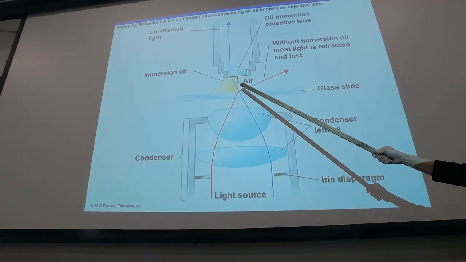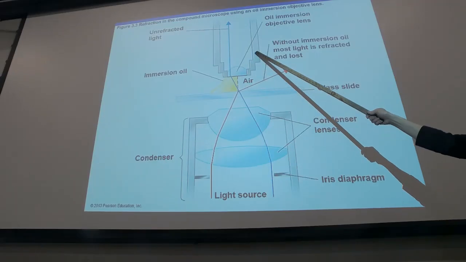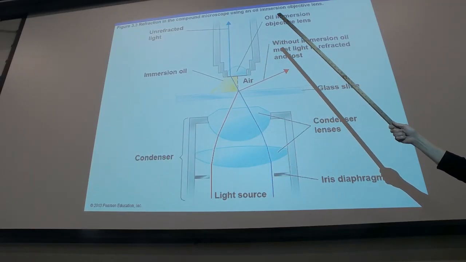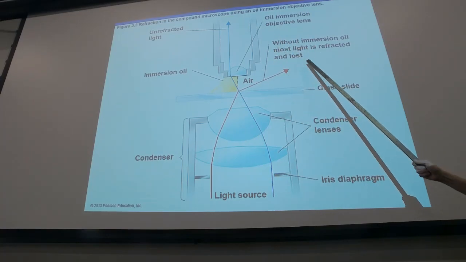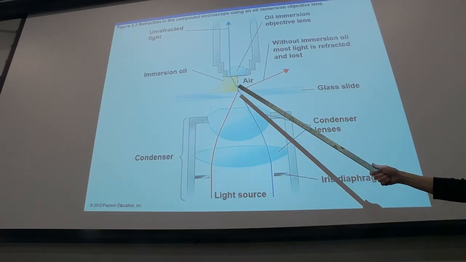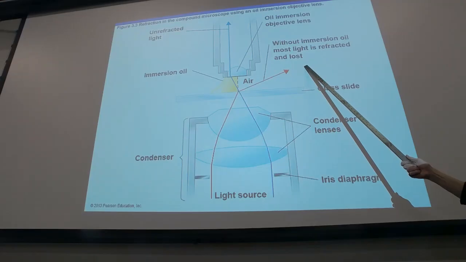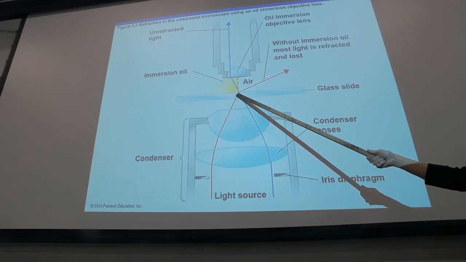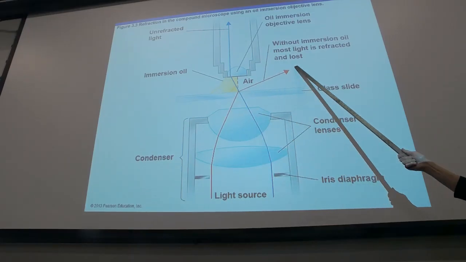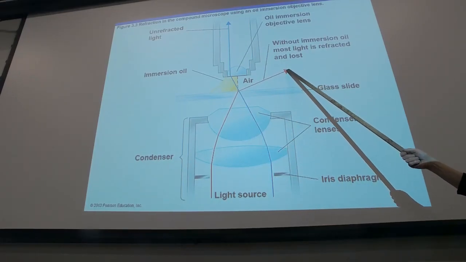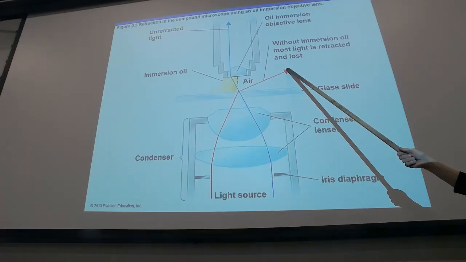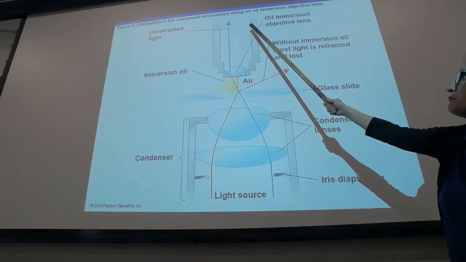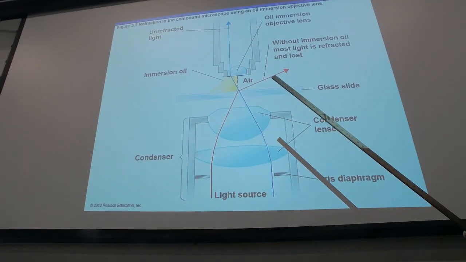And then, if you have an objective lens that is, of course, immersion oil, and you didn't add the immersion oil, these rays of light will be lost. As these rays of light hit this glass slide, they will be bent through refraction, refraction is called bending. So they will bend, and then they will be lost because they don't follow the pathway where you have the objective lens.